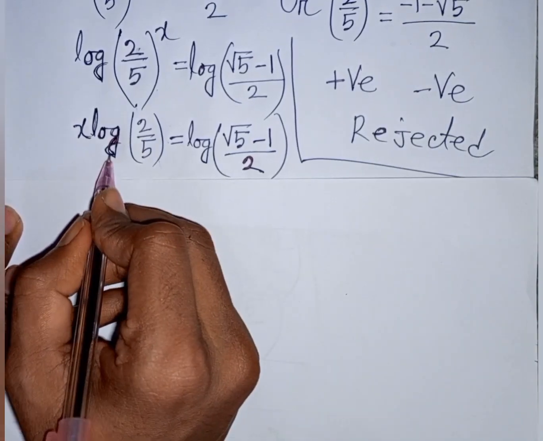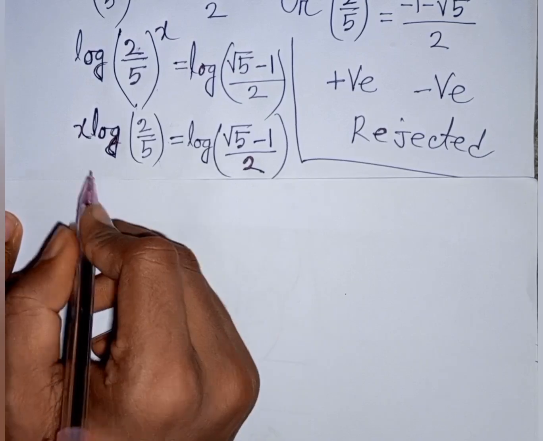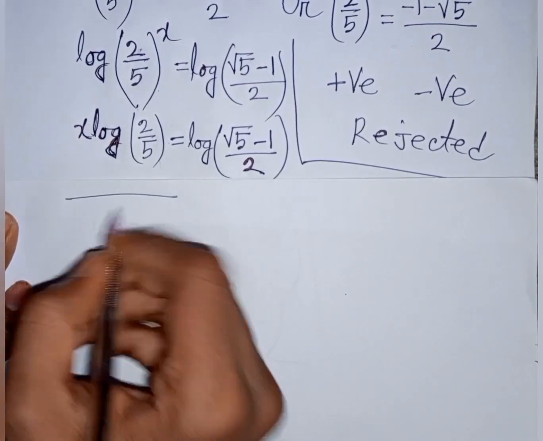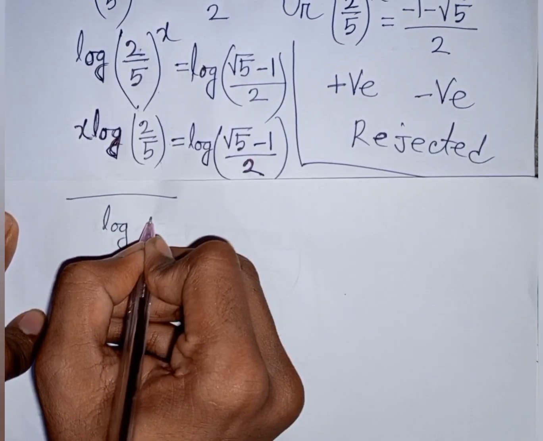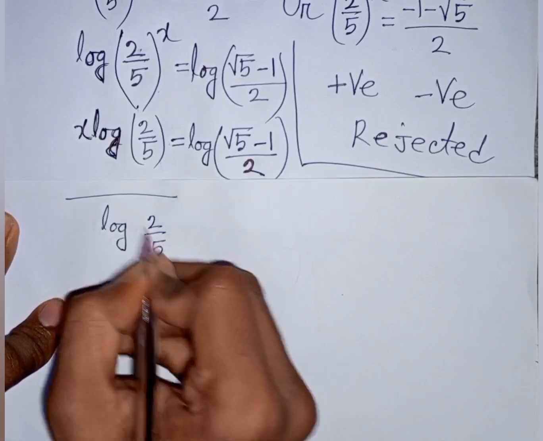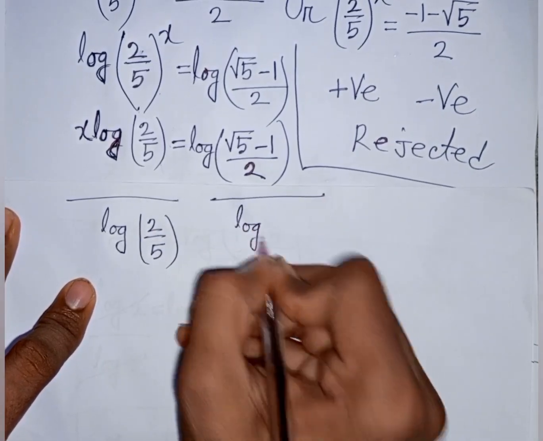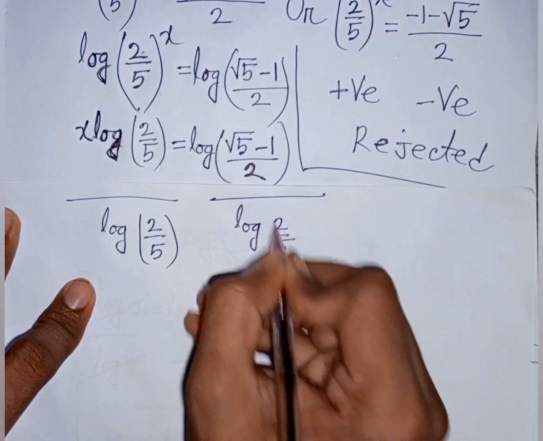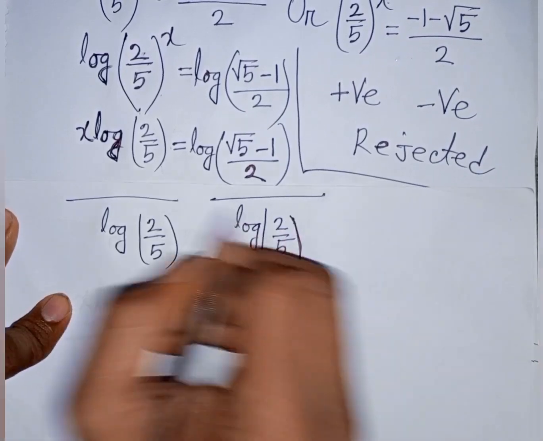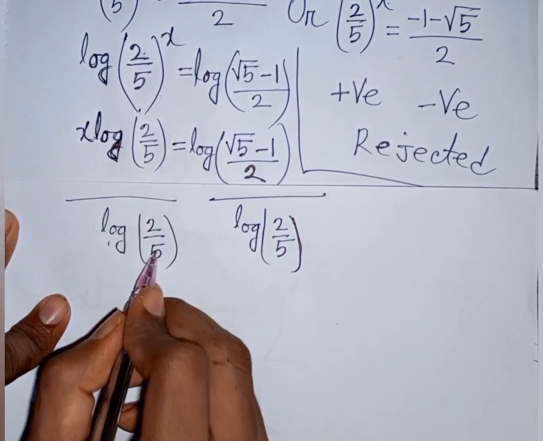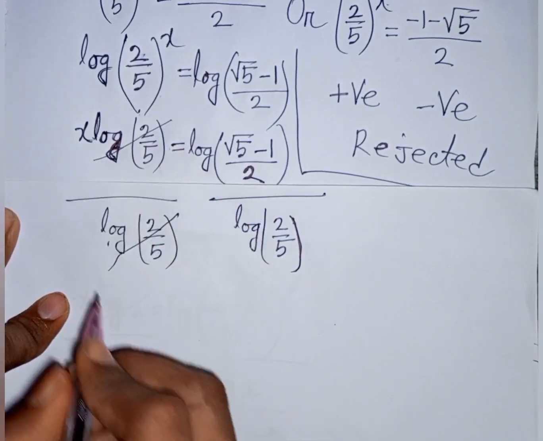Now we divide by log of 2 by 5 on both sides because we need the value of x. This log of 2 by 5 and this log of 2 by 5 will be cancelled.